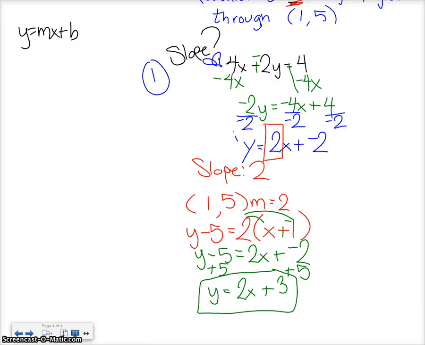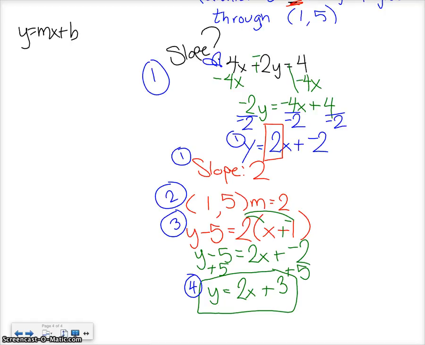So this is still all part of step 1. I identified the slope, still part of step 1. Then I used the point they told me it went through and the slope I just calculated. Then I used point slope form and I simplified everything up to get my final answer in slope intercept form.